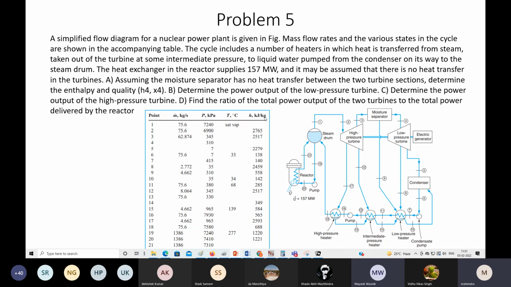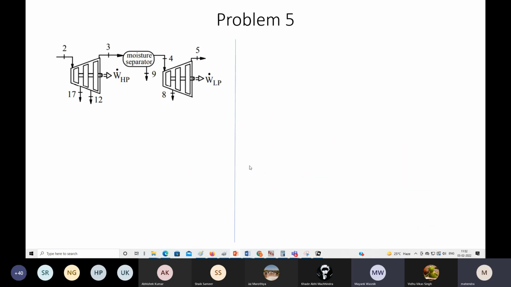Here we need not run the engineering equation solver, because all the data is given in the table itself, enthalpies included. So there is no role for EES apart from using a calculator. You need not find the properties; they are given. What is the pressure, the mass flow rate, the temperature, and the respective enthalpy is also given here. Let us directly go to the problem.